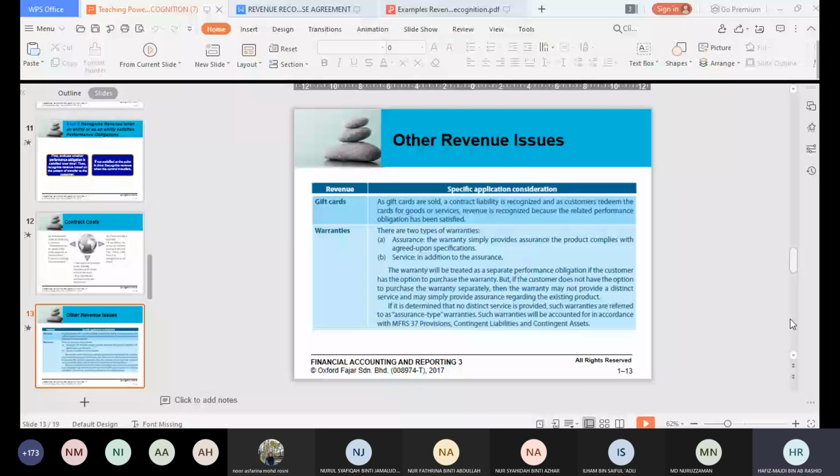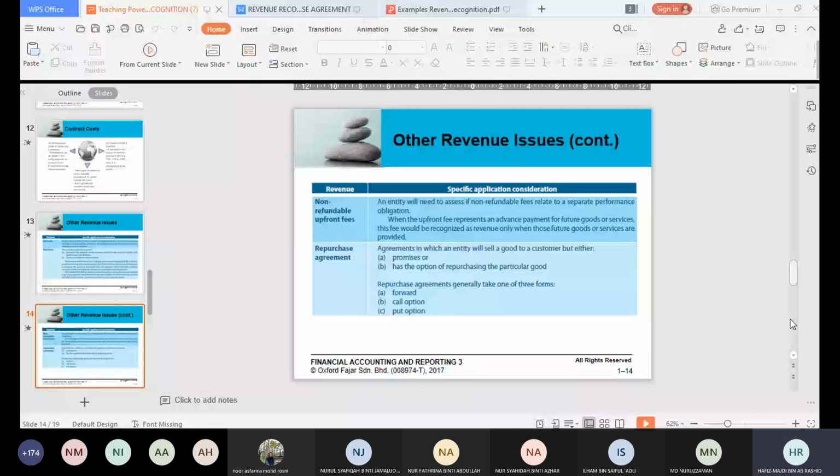Some other additional issues: non-refundable upfront fees. Sometimes whenever you have a contract with your customer, you will have some deposits or non-refundable upfront fees. What you need to identify is whether this non-refundable fee relates to a separate performance obligation, or is just an advance payment.